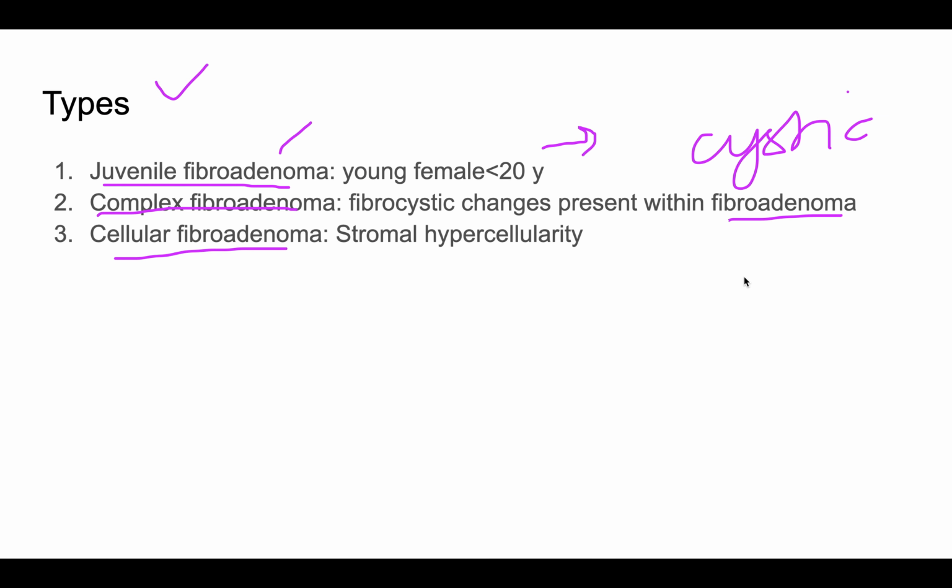Fibroadenoma is totally benign and does not increase the risk of carcinoma of breast, but if there is cellular fibroadenoma, or if the fibroadenoma presents at a later age, these are features to be cautious about. They have a slight increase in the risk of breast carcinoma.